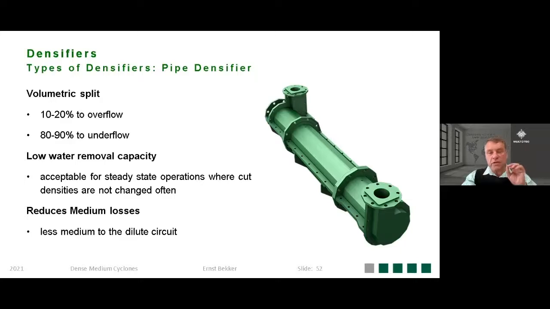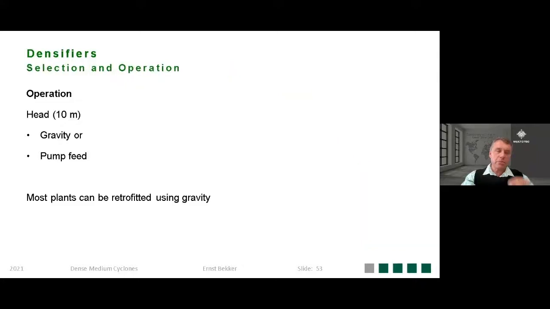Pipe densifiers, when you run more consistently with operating densities over a longer period of time, a pipe densifier is the more recommended option. It's got a lower water removal ability, but it also means that there's less media going to your mag step that can be lost. But because it's got a lower water removal ability, it's used for operations where you have more stable, more consistent operating densities over a longer period of time.